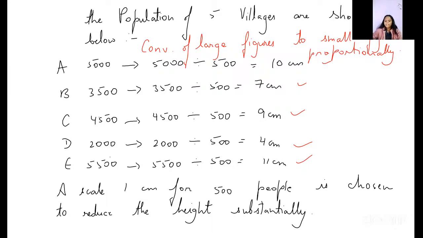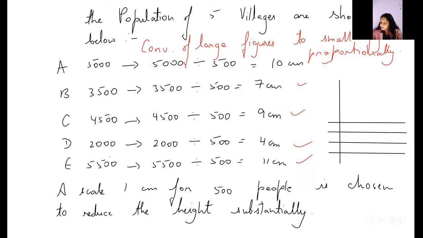Okay, see, we had the data: 3,000, 2,000, 3,500, 4,500, then 5,500, 5,000. Now in the graph paper, we have boxes like this, right? Every box is 1 centimeter.